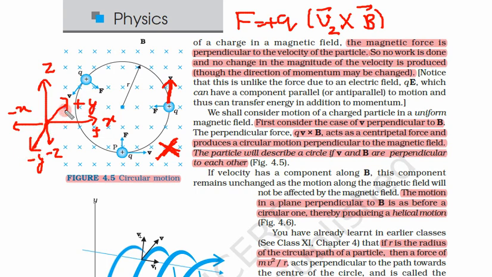So the magnetic field is along positive Y.